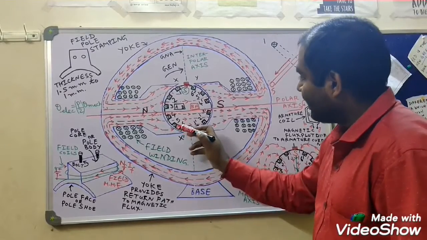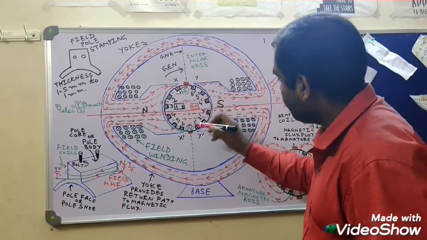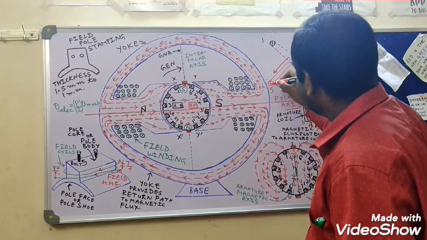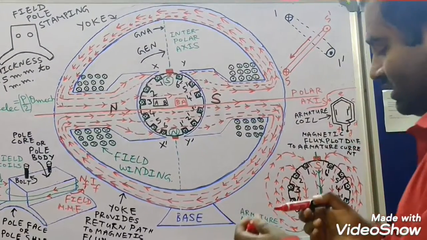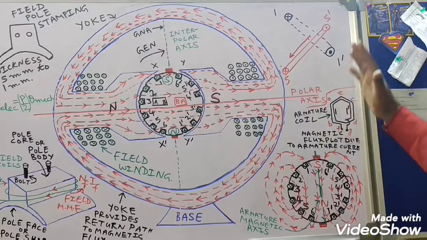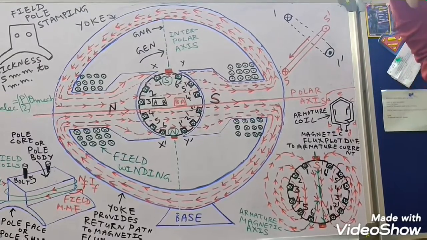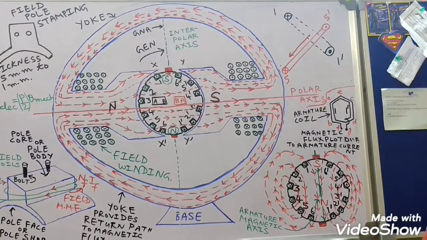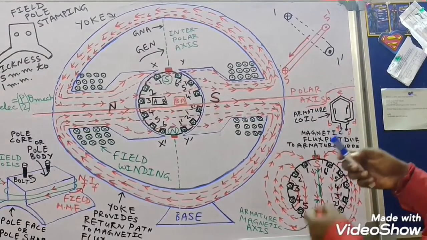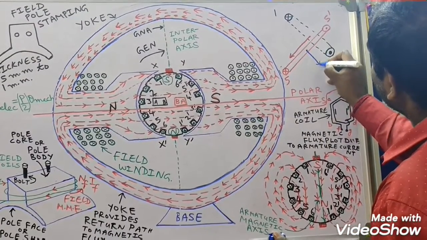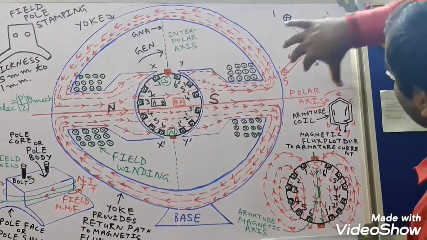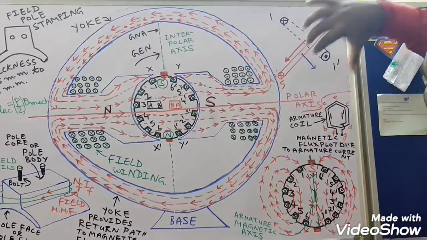So what is the current carried by coil side 5? Coil side 5 is carrying cross current and coil side 5 dash is carrying dot current. So what is the magnetic axis for this coil? Dot means leaving the board, cross means entering. So you see the magnetic axis for this coil side 5 dash is directed in this direction. Cross dot, or you can say dot cross.